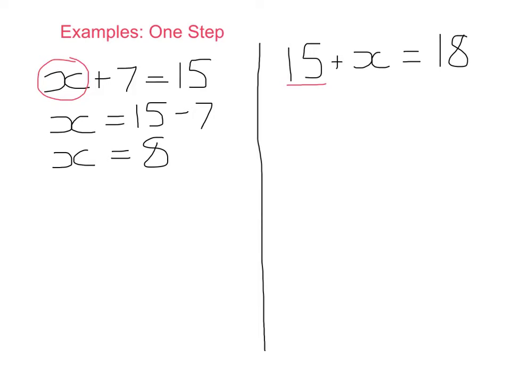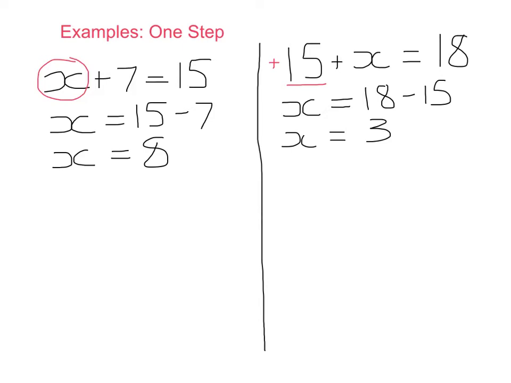So the 15 is a positive number, and we can pop in a plus here. Do that if it helps you remember. So, opposite, inverse. We do the opposite thing to the other side. So x equals 18 minus 15. x equals 3. Really straightforward.